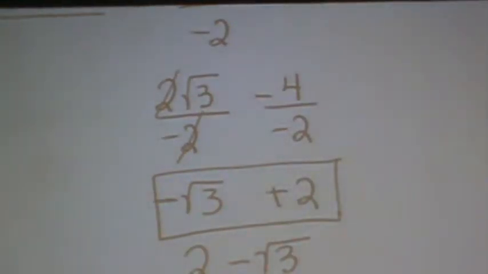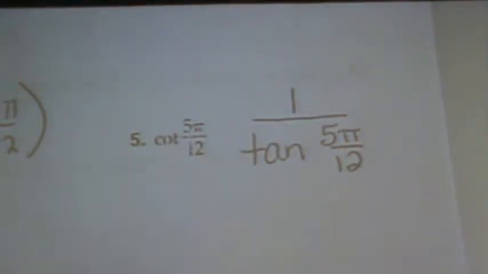Okay, the next one is a whole lot of fun, and the reason is because this is a cotangent one. So really what you're going to do is you're going to flip this. You're really doing 1 over the tangent of 5 pi over 12.